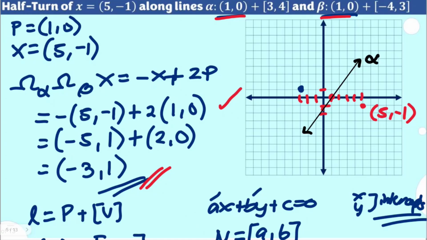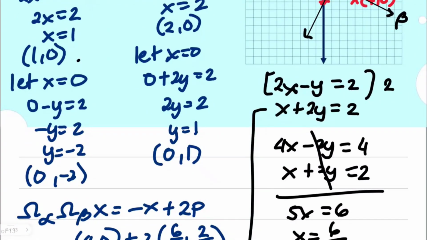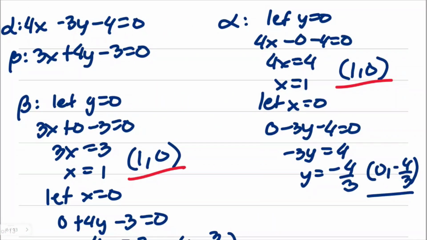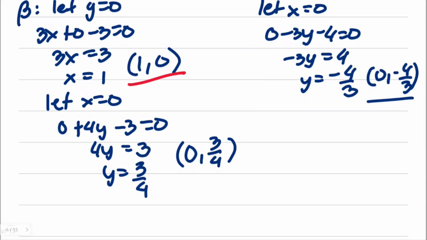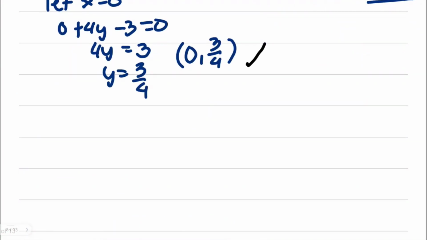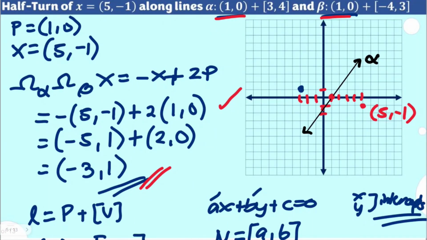For our beta, it will still pass at 1. Sorry for that. I was jumping on a different page. You have 1 and 0 and 0 and 3/4. So it passes here, the same thing passes there. And we have 3/4 for something here. Almost 1.